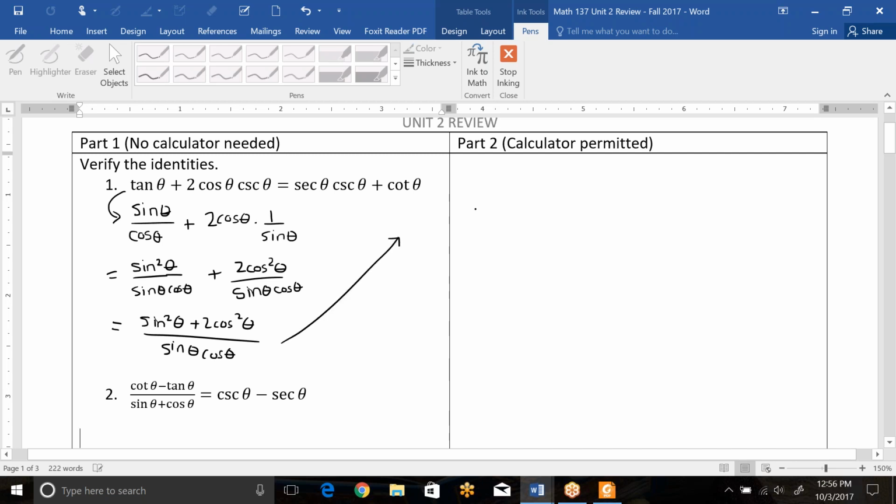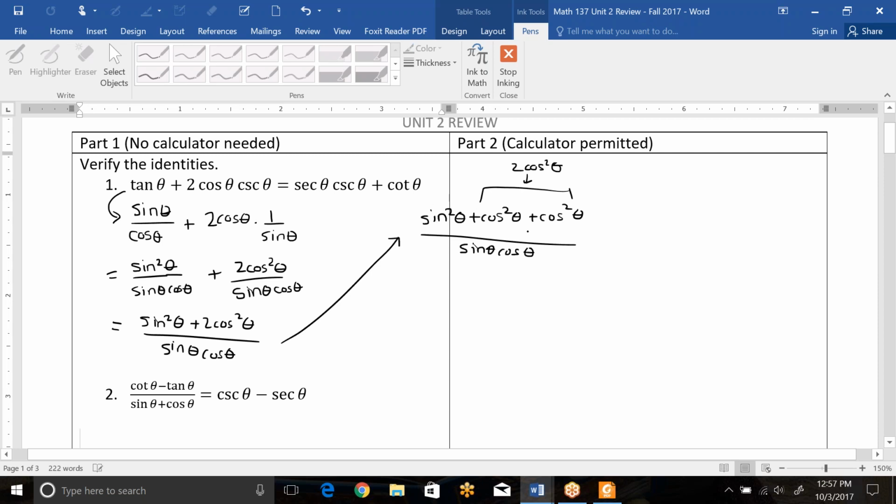You can separate that out, though, because remember, x plus x is 2x, so we can separate it out into 2 separate cosine squareds. So this would be sine squared theta plus a cosine squared theta plus another cosine squared theta. So this right here came from the 2 cosine squared thetas. That's where that came from. All over sine theta cosine theta.